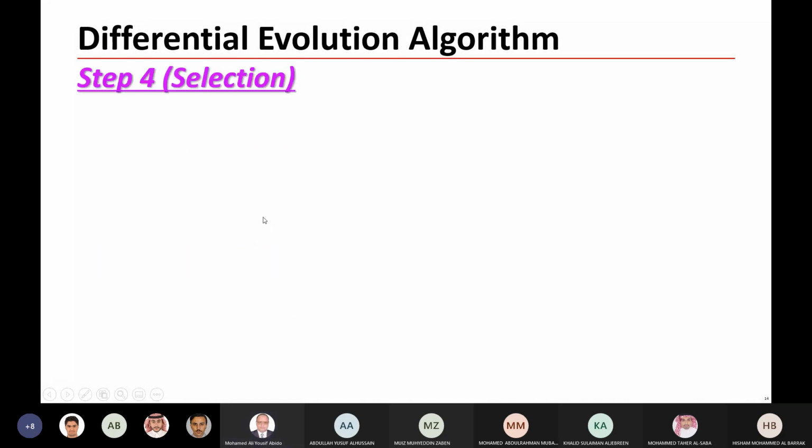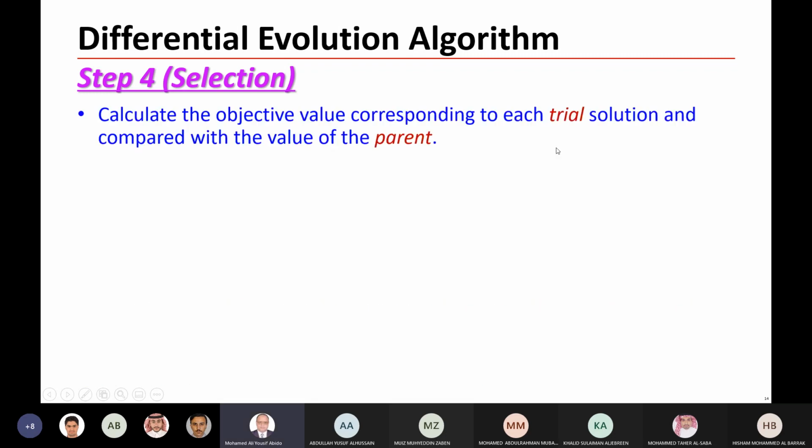Selection: you compare between the trial solution and the parent, and the winner will go to the next generation. Select the better one for the next generation.